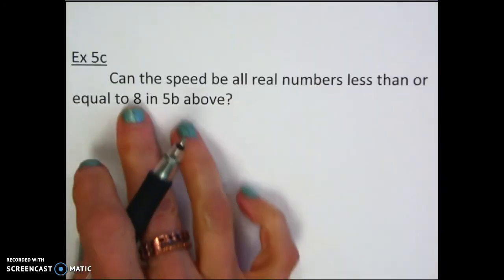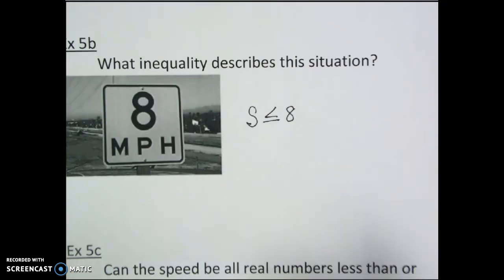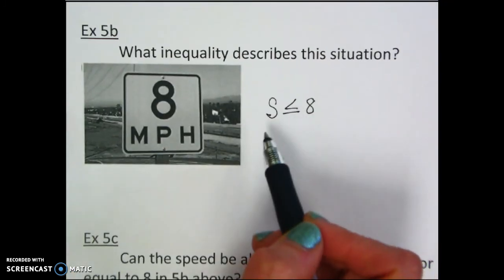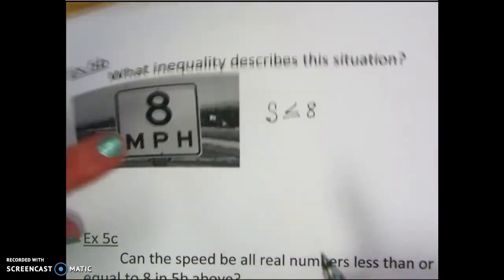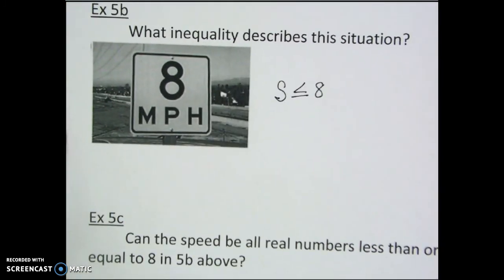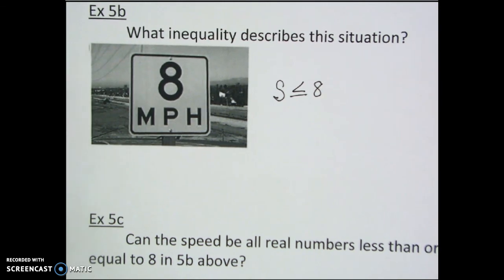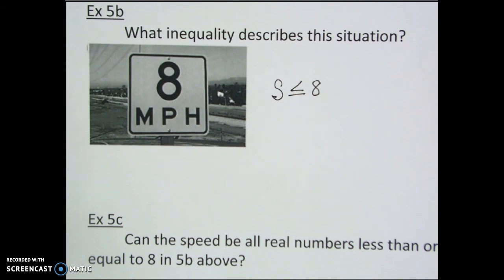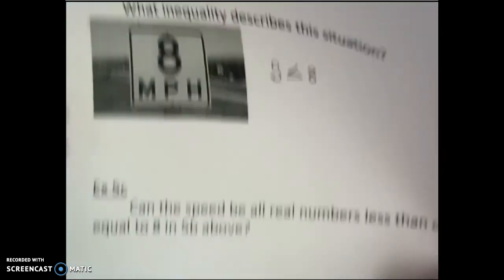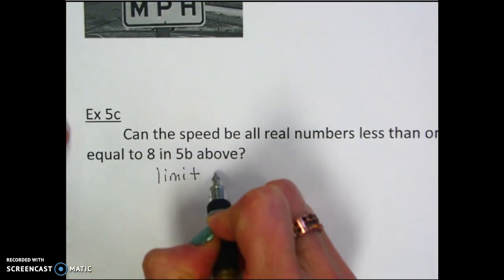And then the last one, can the speed be all real numbers less than or equal to 8? Could it really be all numbers less than 8? Well, if you think about that, remember back to when we were looking at restricted numbers, technically you can't have a speed that's negative. I guess maybe in some situations somewhere you could, but for the most part we don't have negative speeds. So we would have the limit of 0.